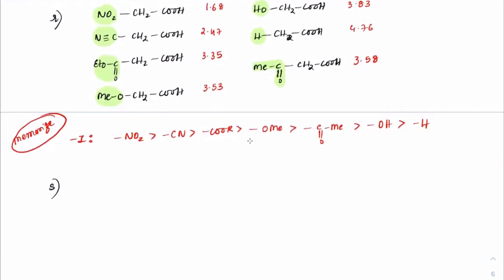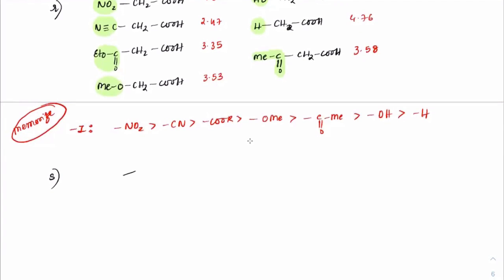Now look over the important comparison. This is a very important comparison. Suppose we have phenol, cyclohexanol, correct? Then I have ethanol CH3CH2OH and acetic acid CH3COOH.